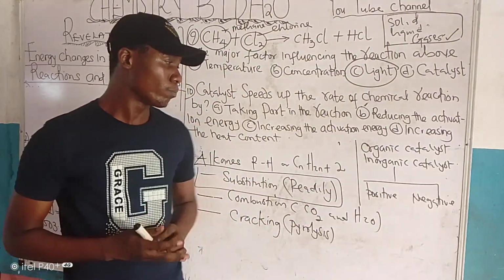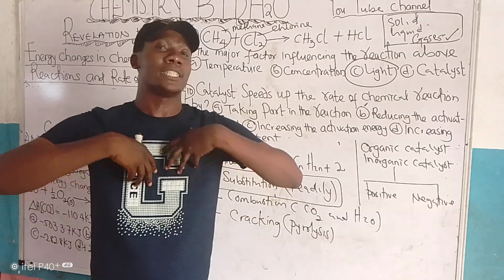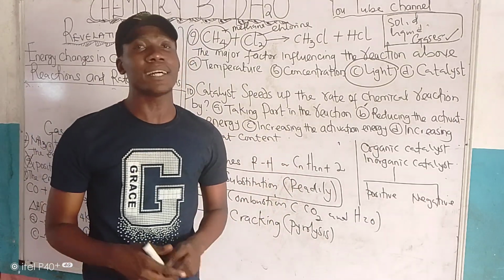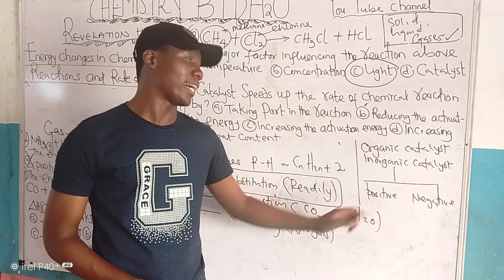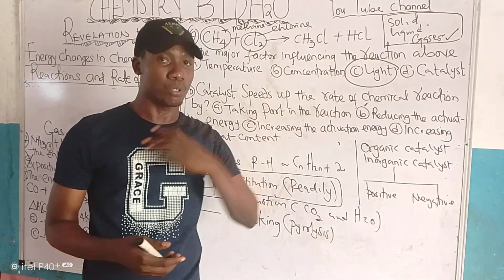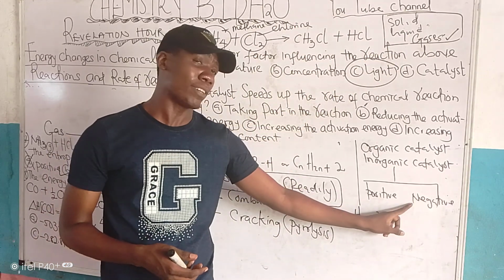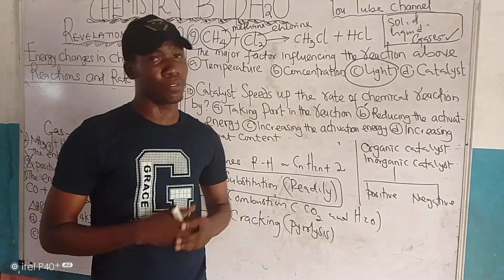So if a catalyst alters the rate of chemical reaction, a catalyst can either speed it up or slow it down. A positive catalyst speeds up the rate of chemical reaction, but a negative catalyst reduces the rate of chemical reaction.